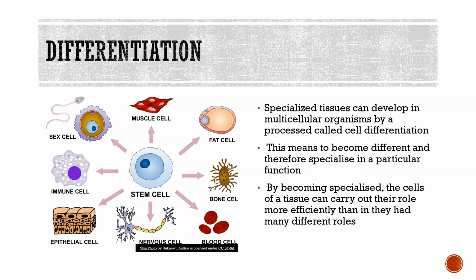By becoming specialized, the cells of a tissue can carry out their role more effectively than if they had many different cells. So basically what we're looking at here is a stem cell which can then differentiate into whichever type of cell the body requires. Okay, and each individual cell is more useful in its role than the original stem cell.